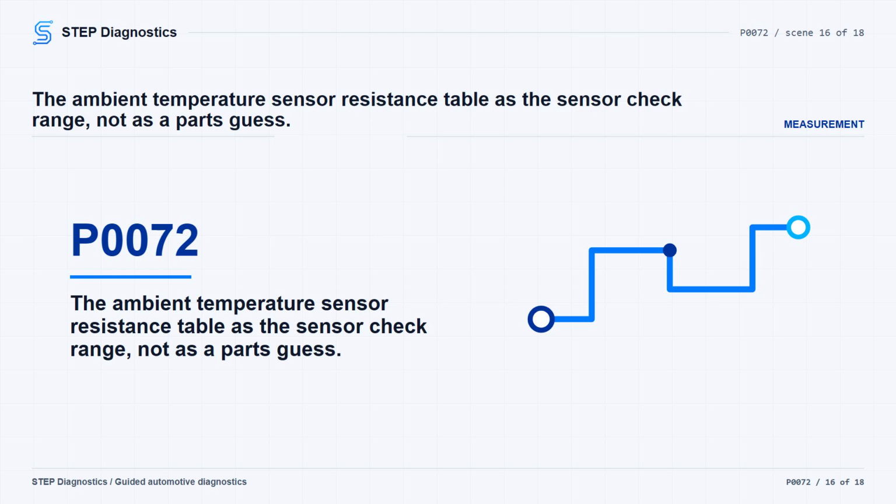At 35 degrees C or 95 degrees F, it shows 6,370 ohms. At 40 degrees C or 104 degrees F, it shows 5,200 ohms. At 150 degrees C or 302 degrees F, it shows 181 ohms, which is the highest possible temperature reading.